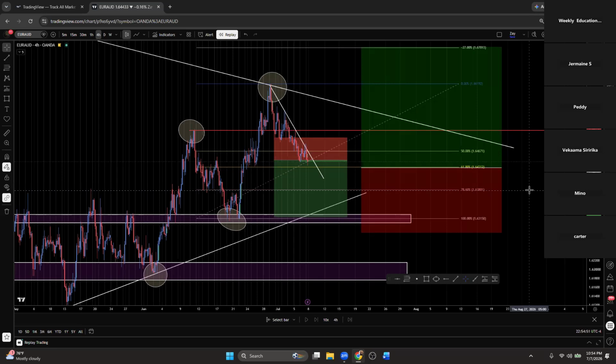So this would still have been a good sell, because we know the market might still come down to take the liquidity of this fair value gap as well, and then we have that retracement up. So are we looking at maybe a 78 for a possible buy at that point?